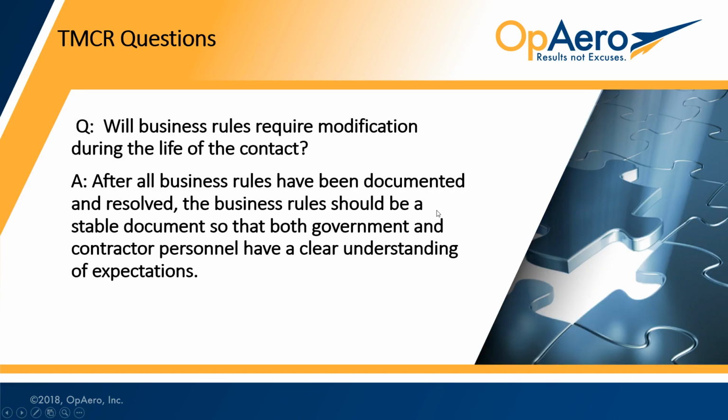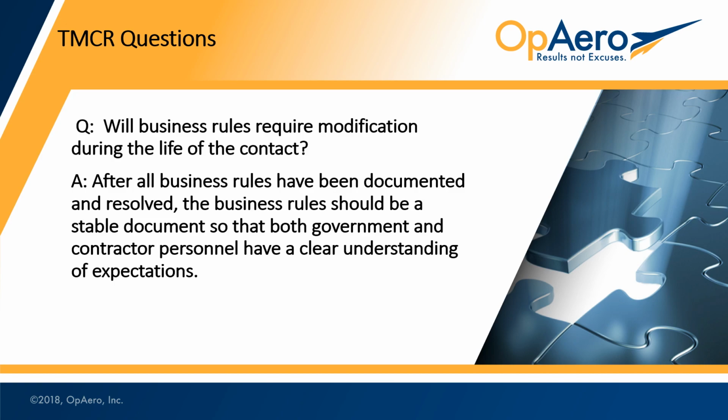Will the business rules require modification during the life of the contract? So after all the business rules have been documented and resolved, the rules should be stable enough to execute the contract so both the government and the contractor understand all the expectations. However, with any project, things come up, situations arise that drive changes in business rules throughout the development and life cycle of the project.